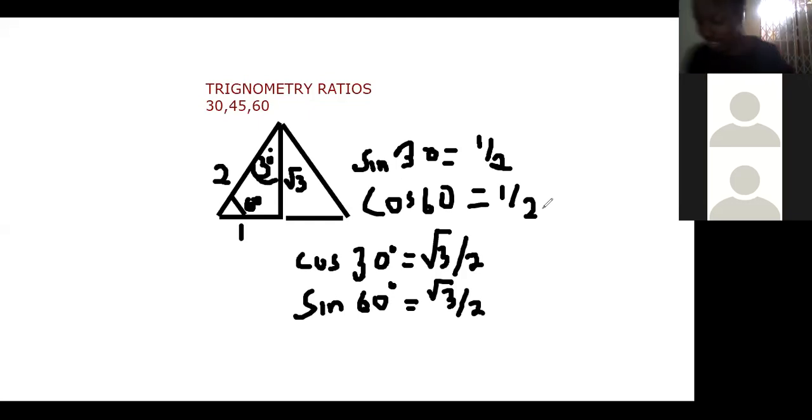So these are one or two things, so you should be able to get tens of it. Now the same thing. You realize that assuming here is 45 and here is 45.